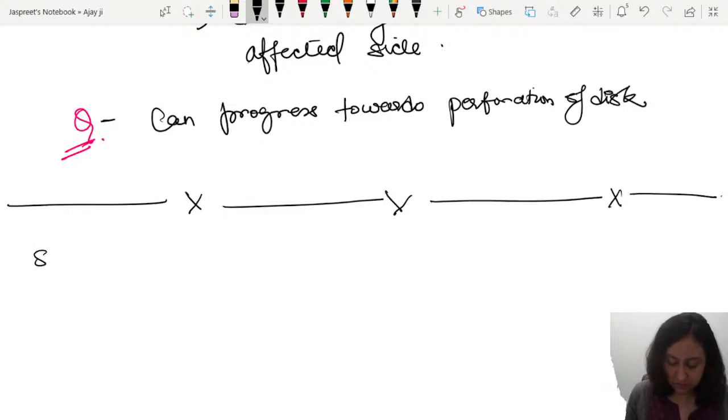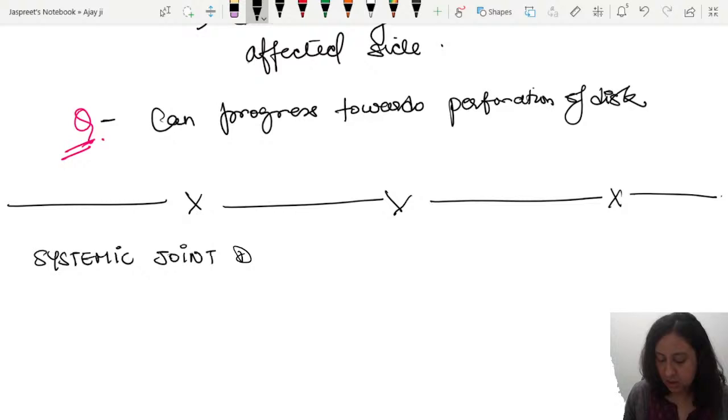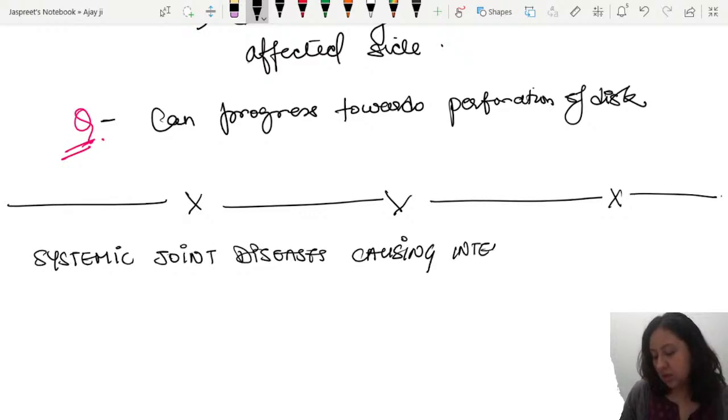Now there are certain systemic joint diseases causing internal derangement.